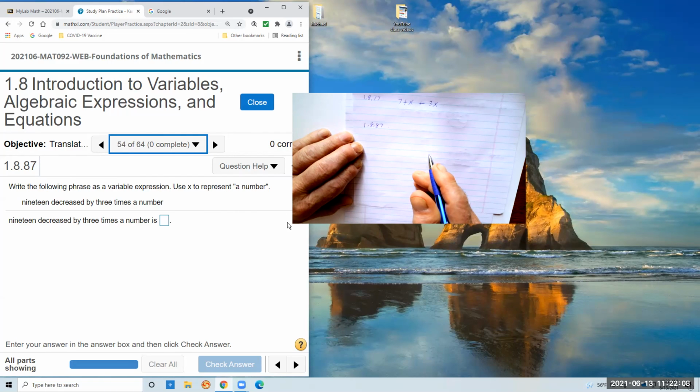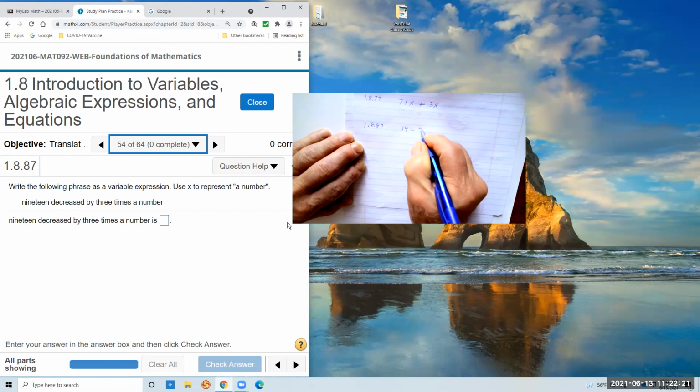Decrease means subtract by 3 times some value, and that value is x. So 19 decreased, we're going to take away from it 3 times the number, 3x. So that ends the muddiest moments for chapter 1.